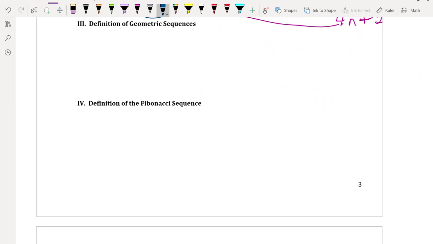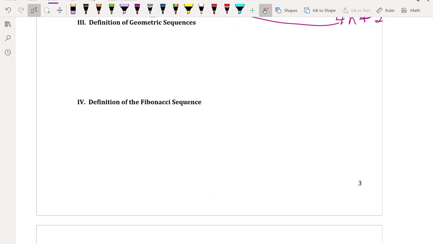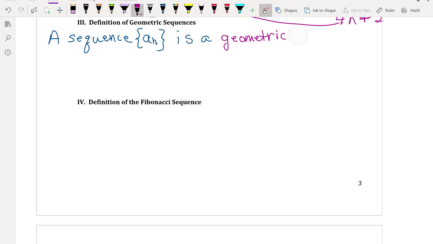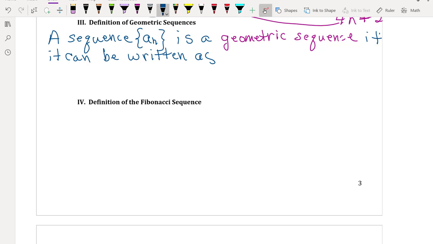For that one, starting with the definition, we're going to have a sequence again, my a sub n, and it is a geometric sequence if it can be written as, now for this one, we are going to have a first term, and then we're going to multiply it times a constant instead of adding.